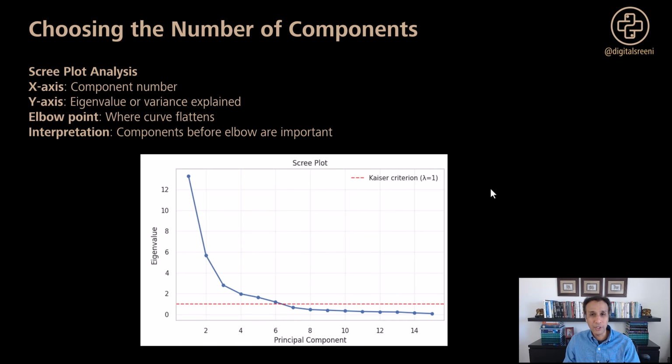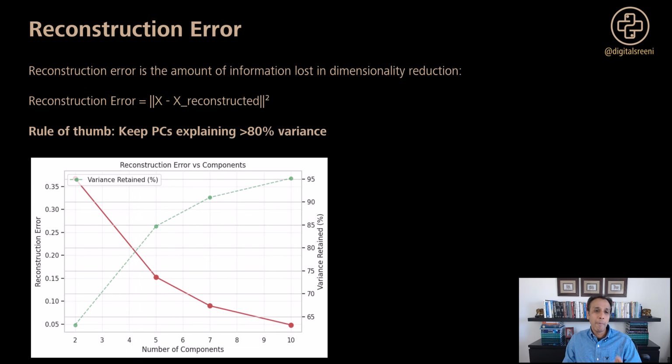retain enough information. In a way, if retained information is your goal, then a better way of looking at it is you can say, okay, I'm comfortable with 80% variance, retaining 80% information, and 20% can be gone. And by the way, this completely depends on your application. If your application is using this for machine learning classification, then 80% is more than enough.